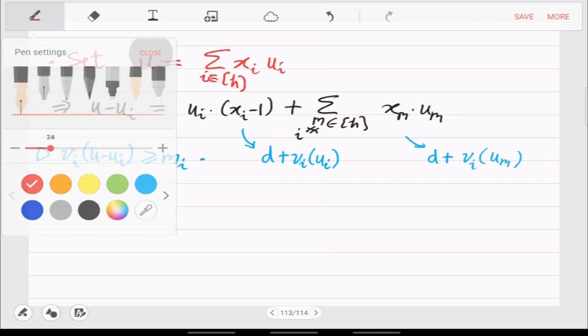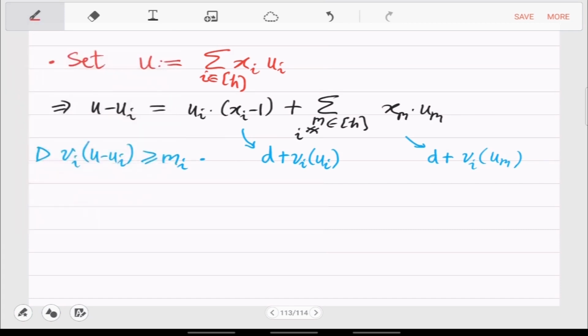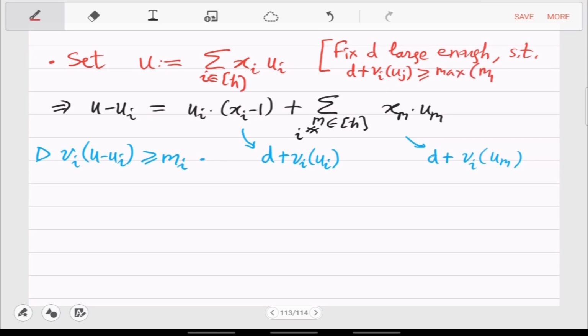So let us just remember that in the design. Fix d large enough such that d plus Vi of uj is greater than or equal to the max of mi's for all i, j.